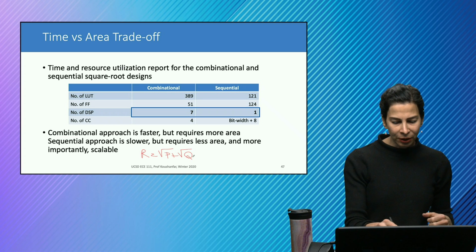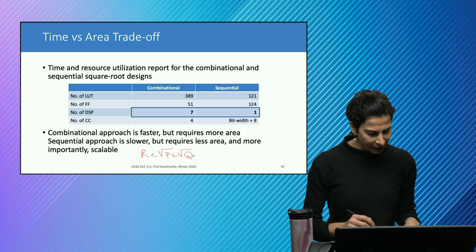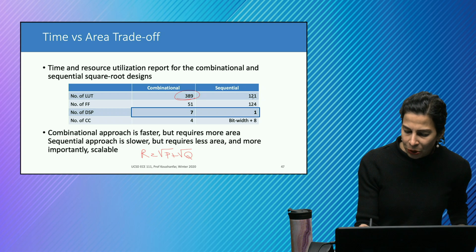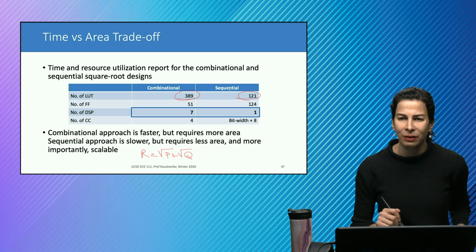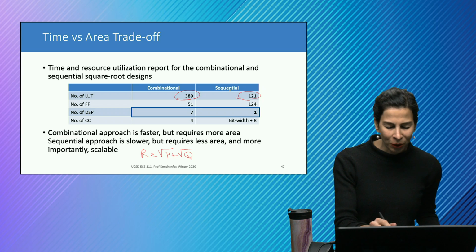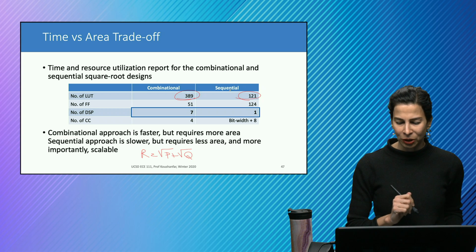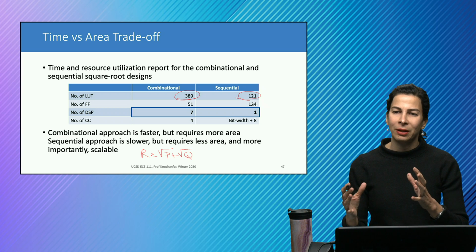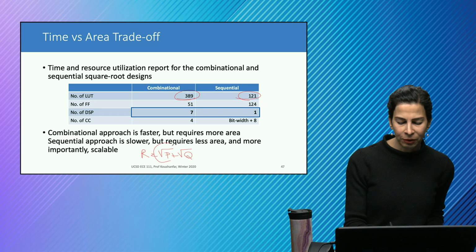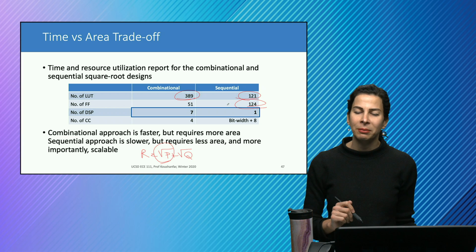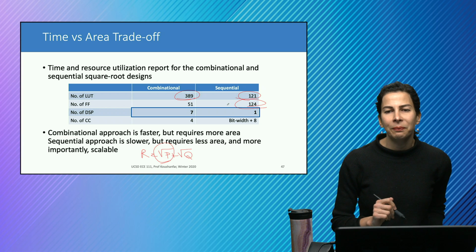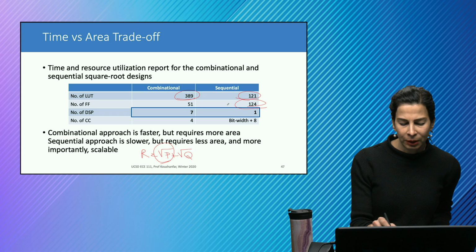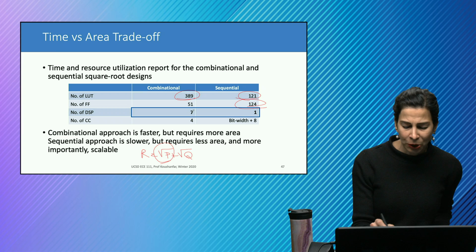But as you see here, in terms of the number of LUTs, this is substantially more hardware because we're not reusing the same function. In the sequential version, we store the values for the first pass of the function before we go to the second pass, so we add to the number of memory elements or flip-flops. In the combinational version you could also use the DSP units on the device, which we didn't discuss.